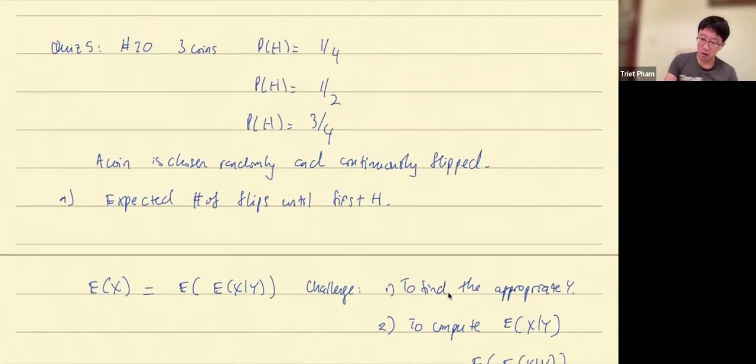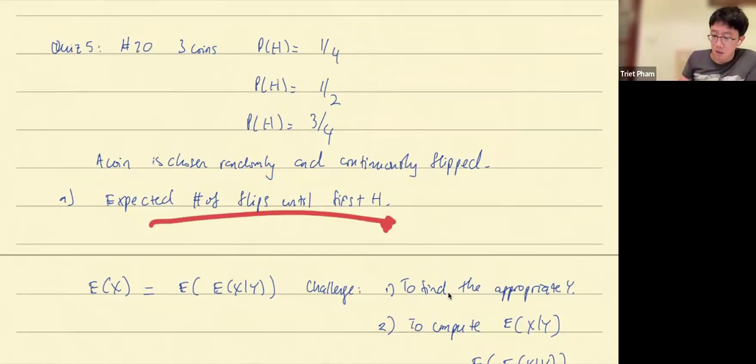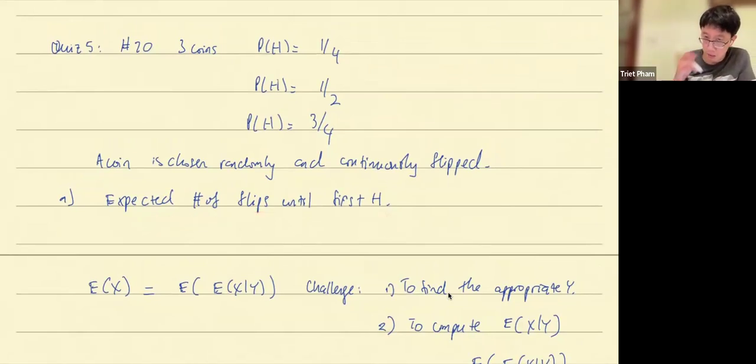But here, if you let x denote the number of flips until the first head, it's kind of easy because, what should we condition on? We should condition on which coin we select. That's it.